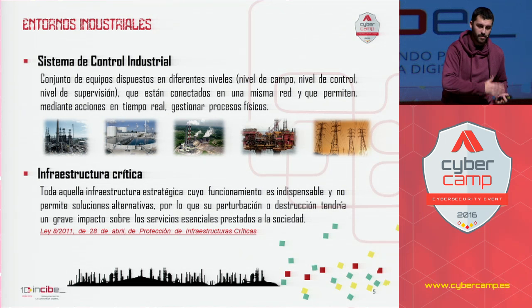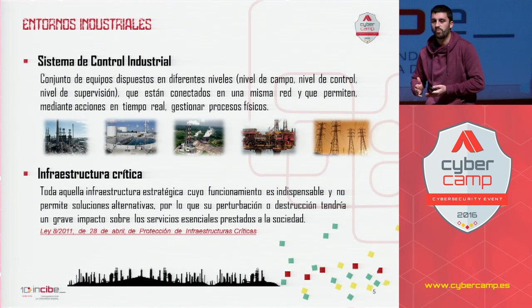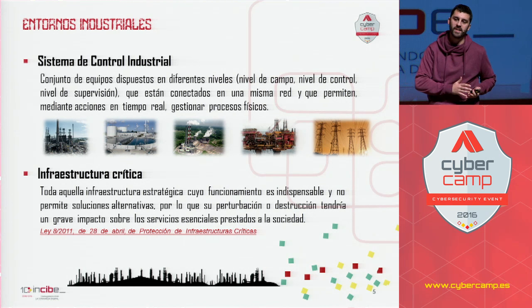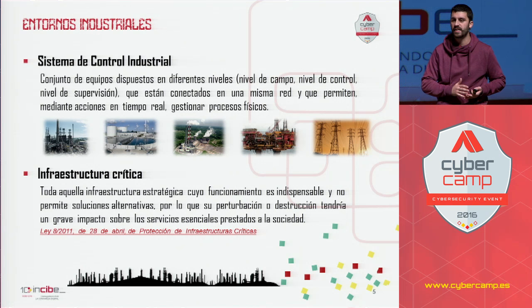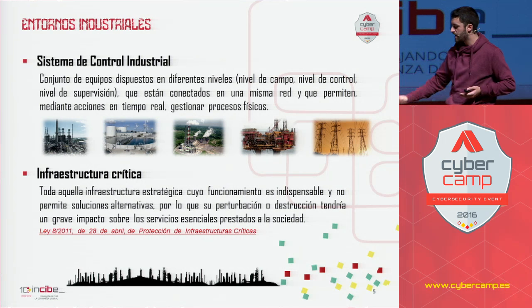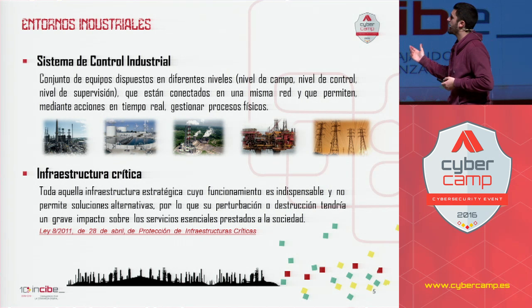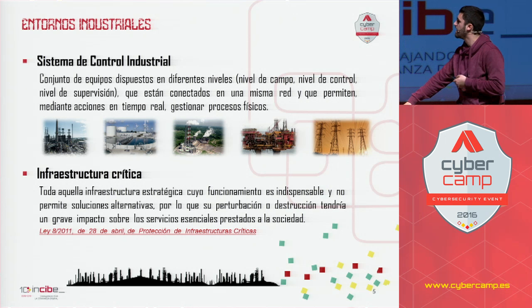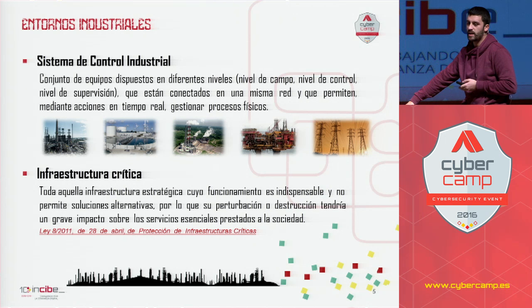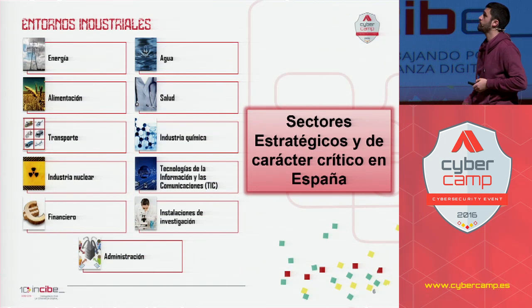If I lose the plant that is servicing Madrid compared to another one servicing a village, it would be much more critical, the one in Madrid. In the same way, the Infrastructure Protection Institute has a catalog, a list, where they name each company that might be an owner of a critical infrastructure.